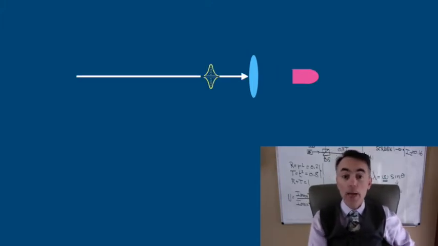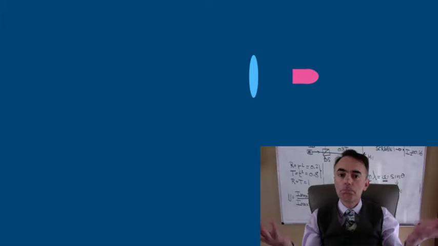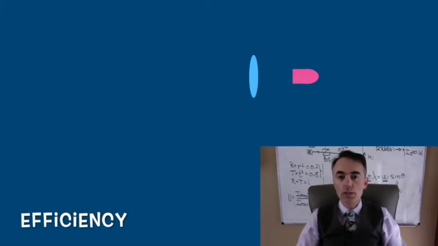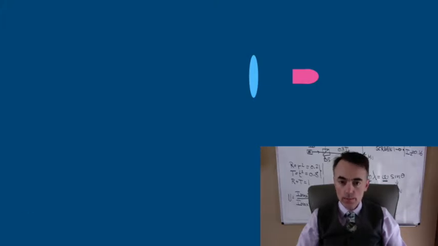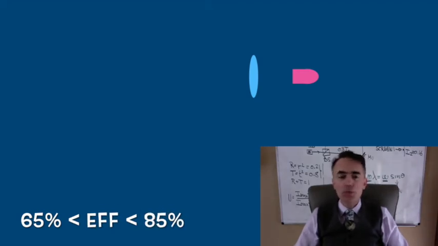It could also happen that the photon does reach Bob's detector, but the detector doesn't click. If this is the case, we will say that the efficiency is not 100%, which no detector is. Typical values for efficiencies are around 80%.